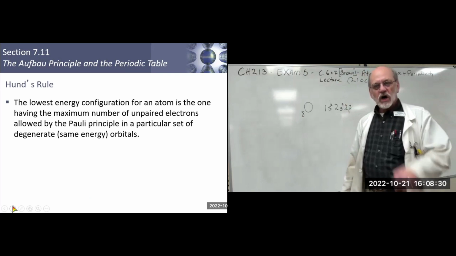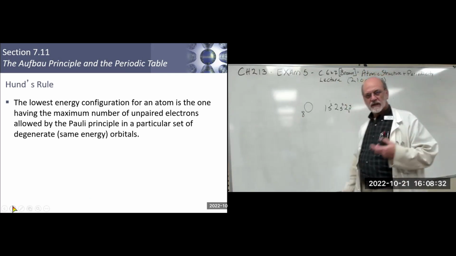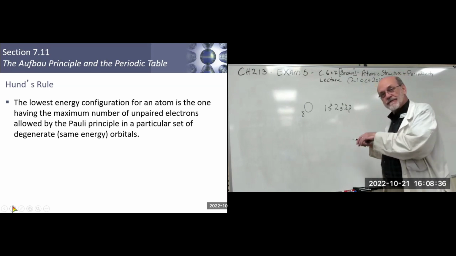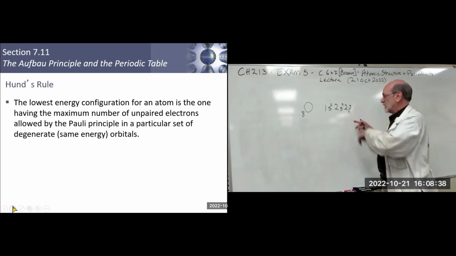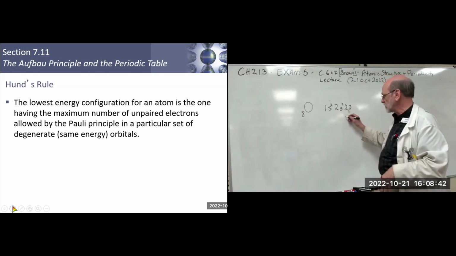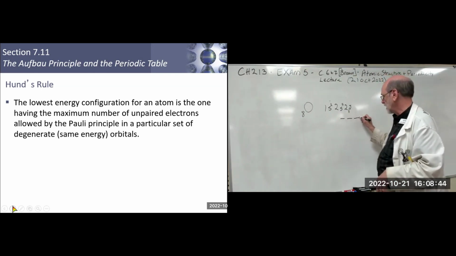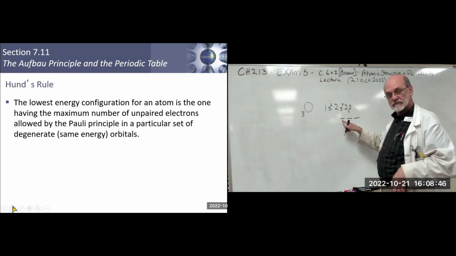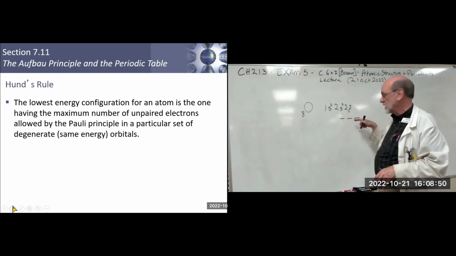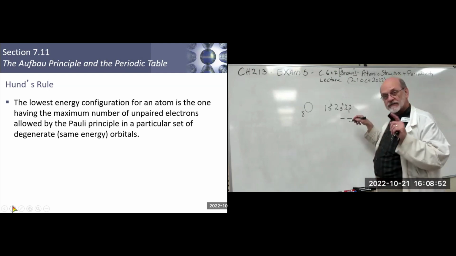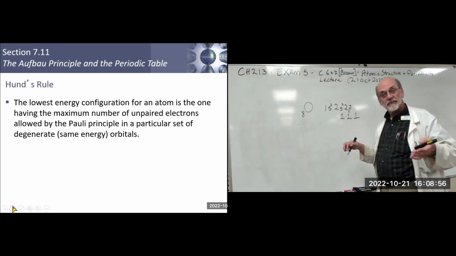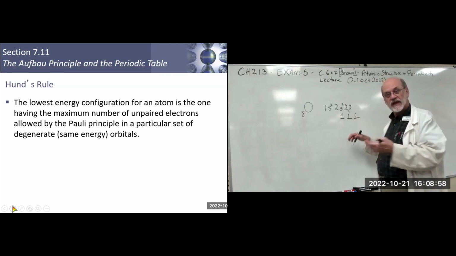Okay, Hund's rule. Hund's rule says that when we put electrons in, if there are sublevels, like this doesn't have a sublevel, this doesn't have a sublevel. If there are sublevels, like this one, -1, 0, +1, or XYZ, these 4 electrons have to go in first like this, spin up, say +1/2, +1/2, +1/2.